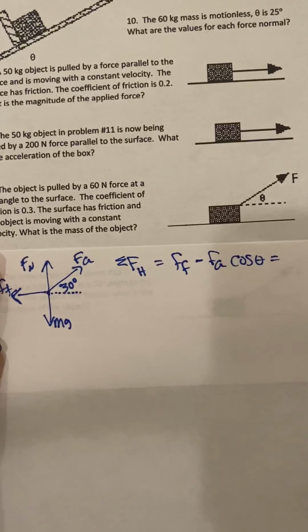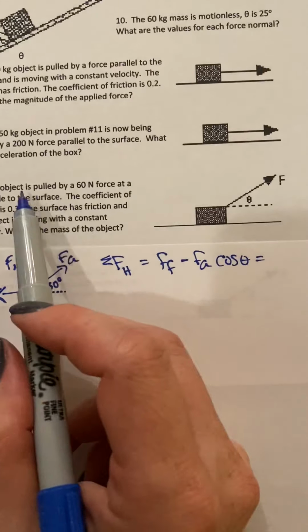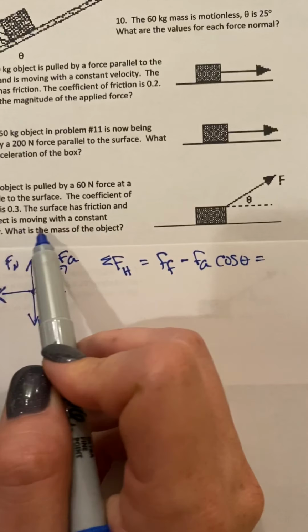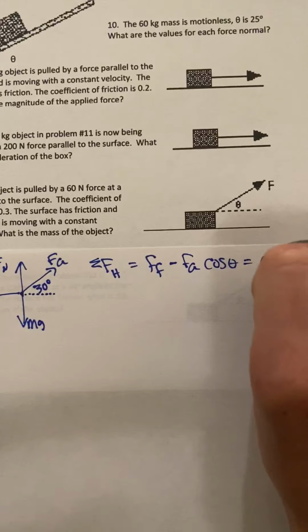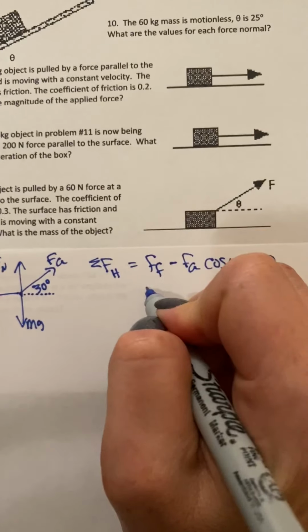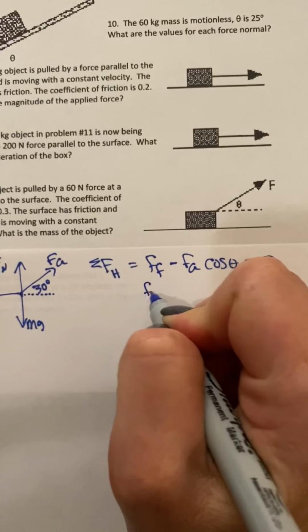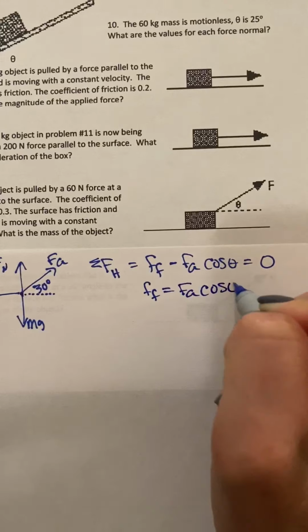And let's decide, are we accelerating, or are we moving with a constant velocity, or are we at rest? Moving with a constant velocity. All right, so that means I'm in equilibrium, so I can set the sum of my forces equal to 0. When I rearrange my equation, I can say that my frictional force is equal to my applied force cosine of my angle.